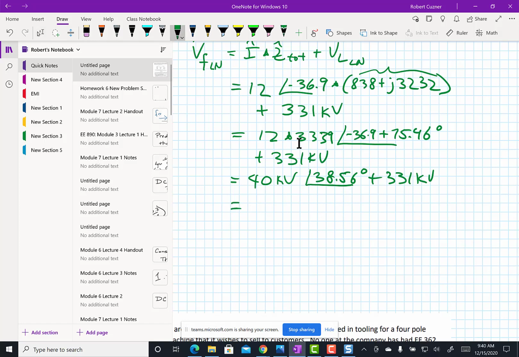So I'm going to take 40 kV times the cosine of 38.56, and that is 31,278, plus j 40 kV times the sine of 38.56.